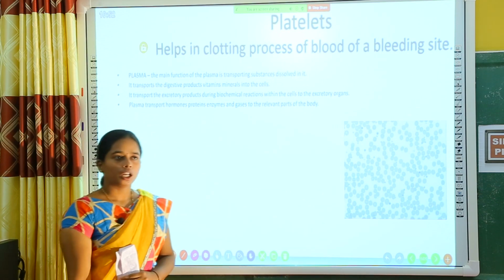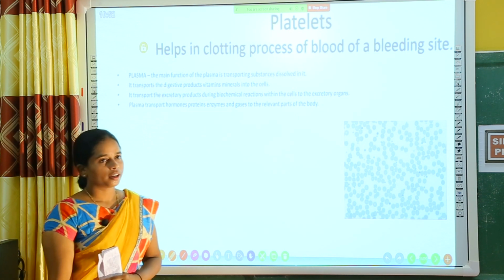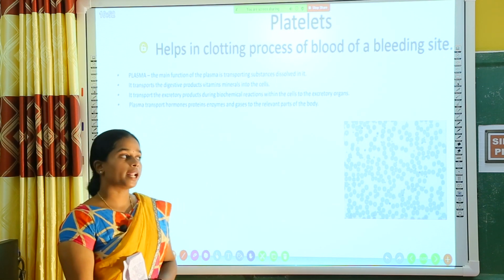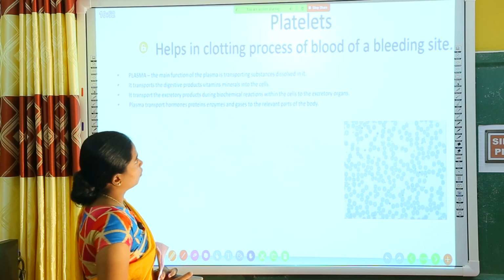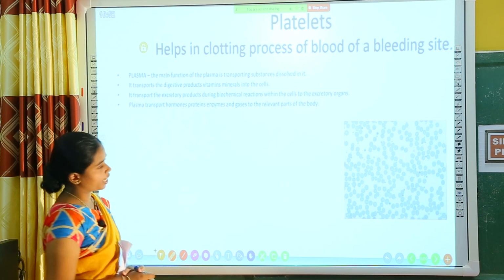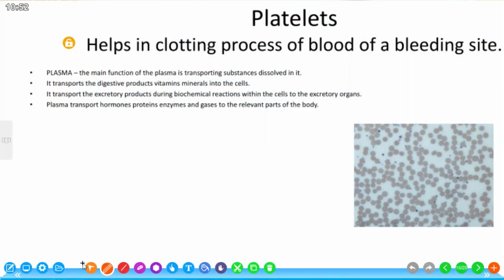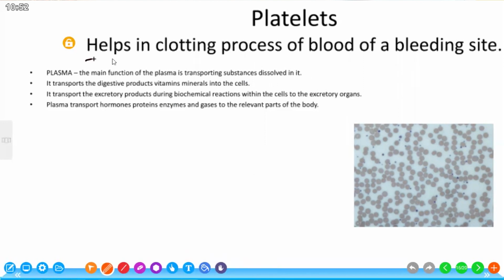Normally, if the leukocytes increase in the blood, cancer may occur. Then platelets help in the clotting process of blood at a bleeding site.